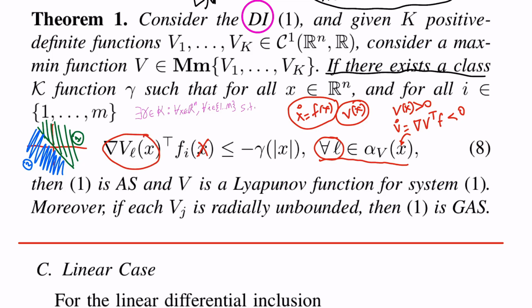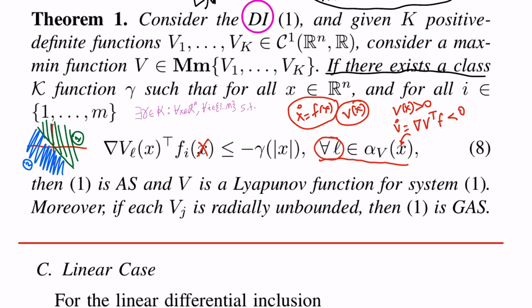Why is that the case? If alpha V is a singleton and the output is L, then V of x, which equals V sub L of x, is differentiable. In this case, we would be able to compute the gradients.